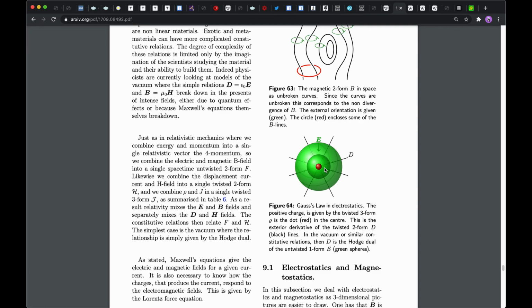So the exterior derivative of those intersected surfaces will not be equal to 0, it will be equal to rho in that case.